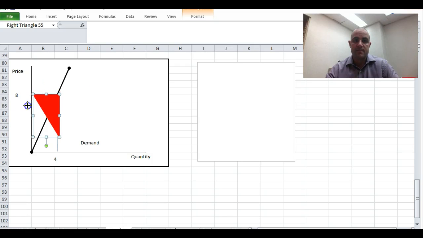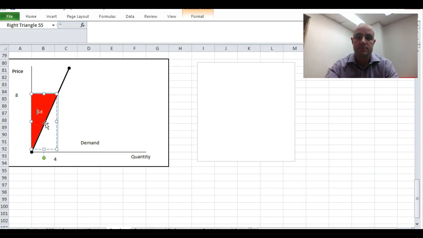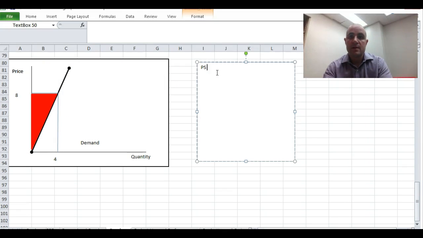If we look here, this area in here is going to be our producer surplus. So again, we have a triangle. Area of a triangle is 1/2 base times the height.